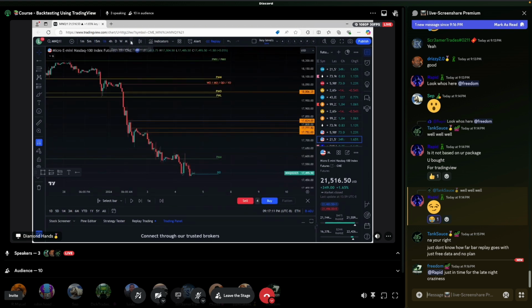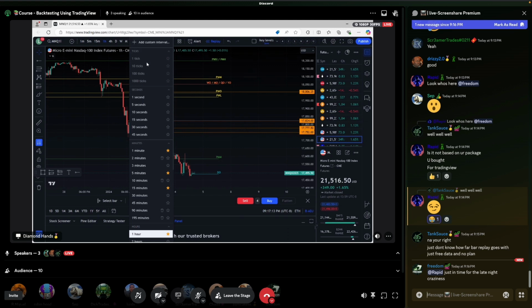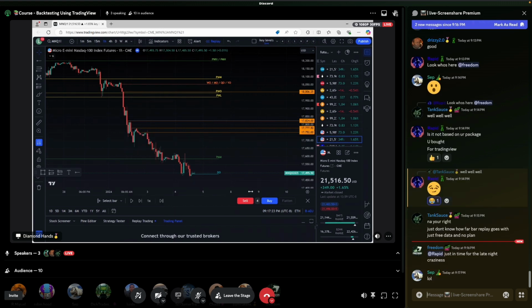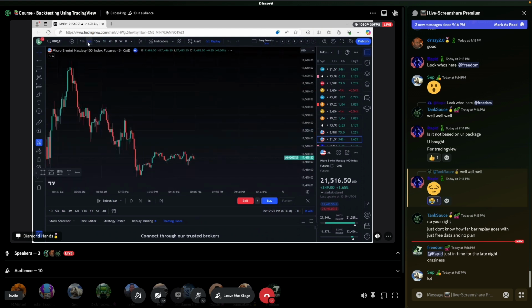And then on this tool, you have all your even ticks. I think you can do 30 seconds or any other seconds, but I don't think you have enough historical data on it. So I'd suggest doing like 1 to 5 minute or 15 minute time frame.